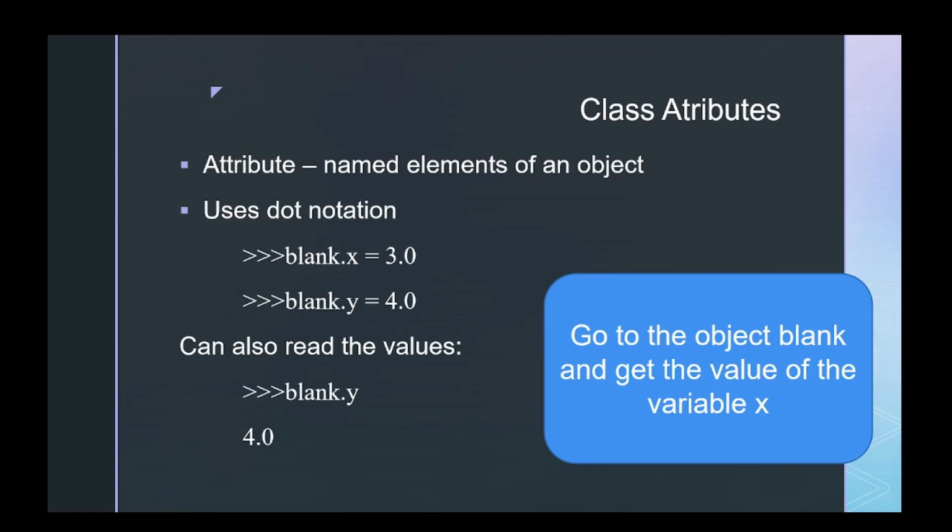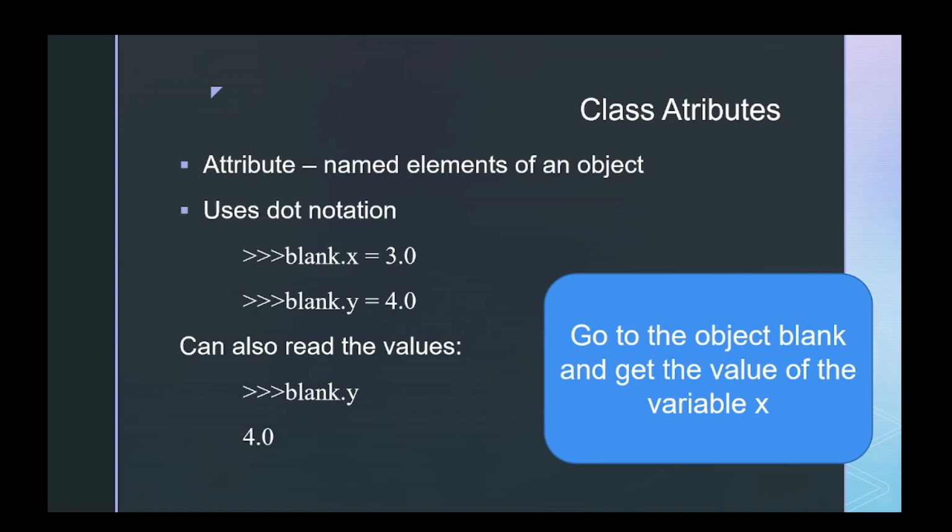Now I can have attributes in my class, and the attributes are elements that we've given a name to that belong to a specific object. So for example, when we talked about that human: hair color, eye color, skin color, things like that. We are going to use the dot notation that we've gotten so used to using with Python.